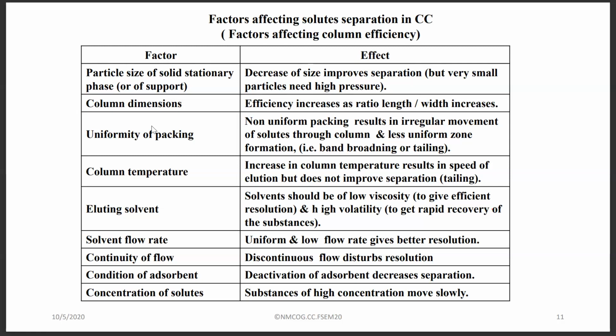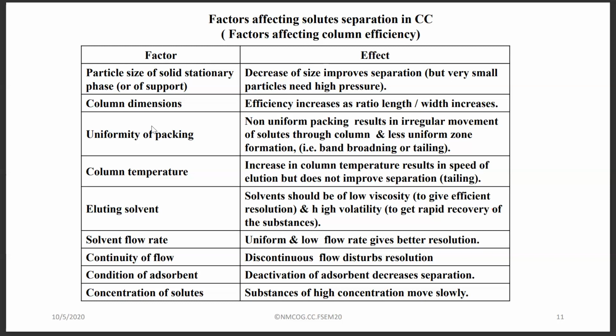In terms of column dimensions, efficiency increases as the ratio of length to width increases. Then the uniformity of packing: we need to make sure it's very uniform for it to have a good effect. Elution will increase with an increase in column temperature, but it doesn't necessarily increase the separation between our analyte and the stationary and mobile phase.